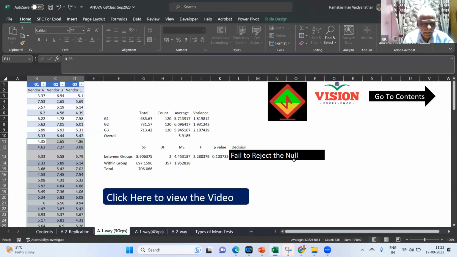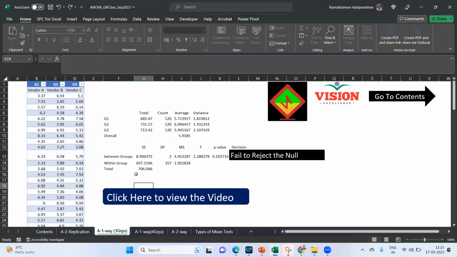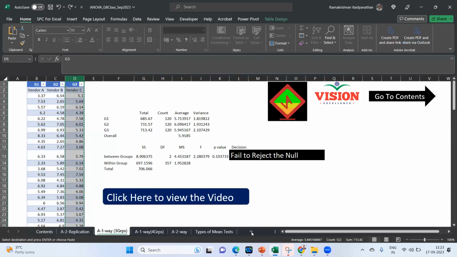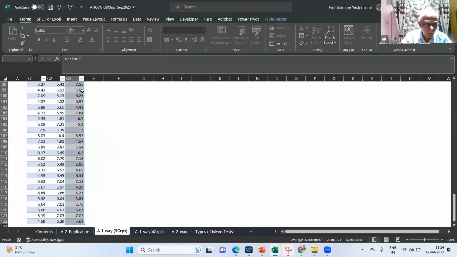I'll go back. Control Z. Right. Now, there again 0.05. What I will do is, purposely I will make this vendor C as different. What I will do is Control C. I'll copy somewhere here. Where to copy? I will take a new page. Control Shift down. I'll make Control C. Then I will take a separate sheet.